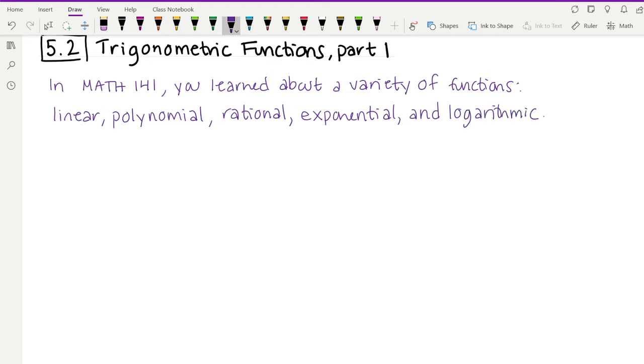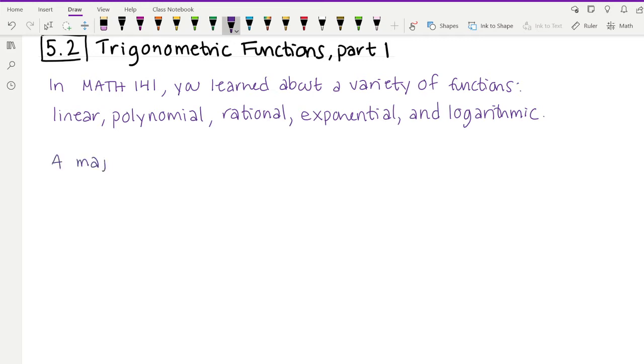And so all of these types of functions, they're really important. And when you get to calculus, if your plan is to take calculus, you're going to be using all of these functions and kind of doing different things with them. And so one of the major goals of this class is to basically add a new type of function to that list. So let me write that down.